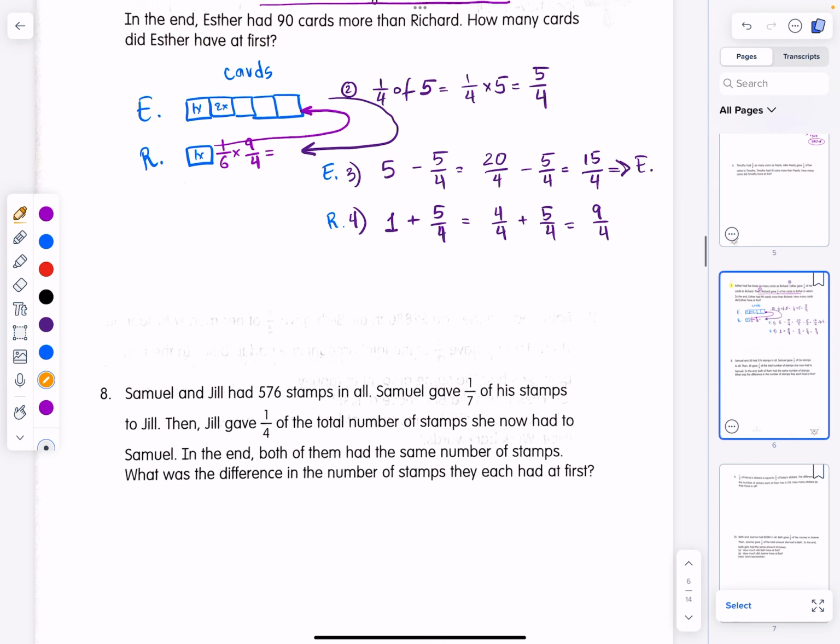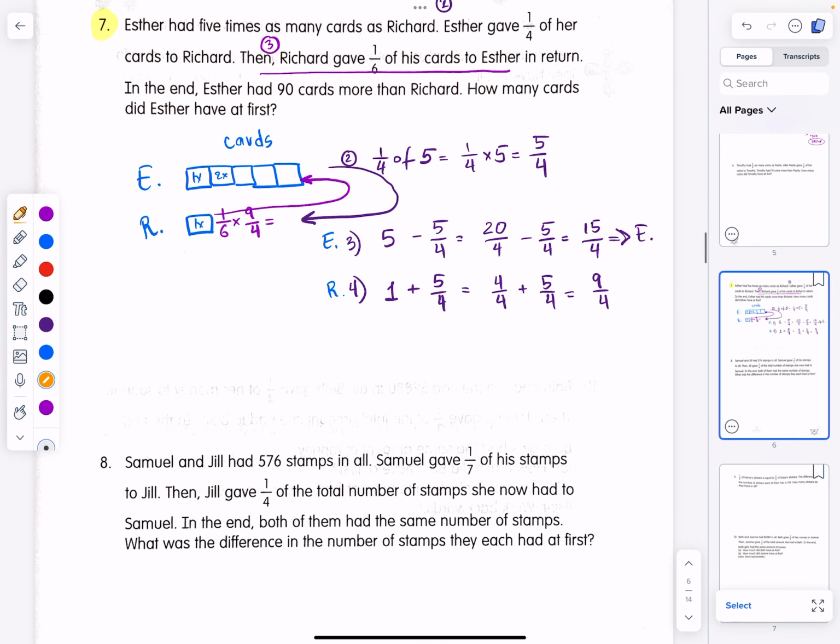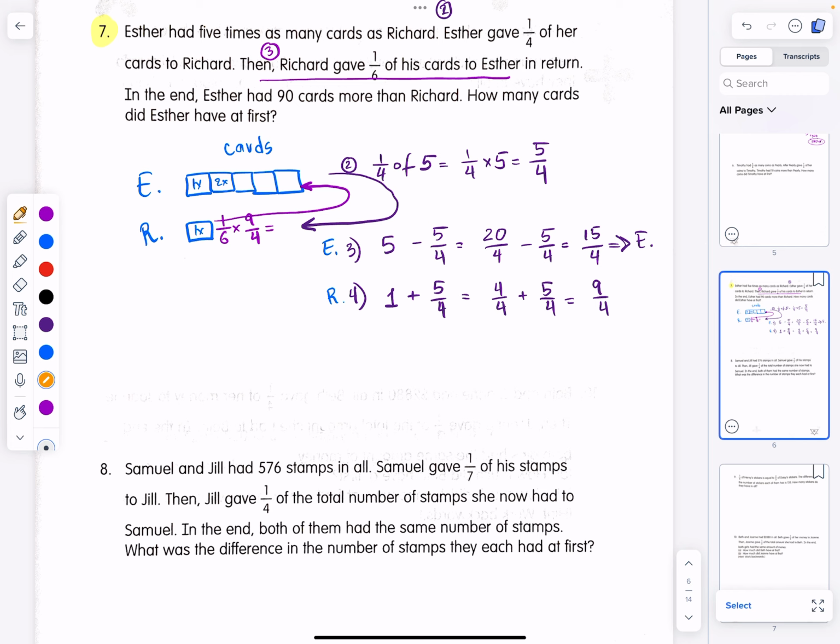Sorry, apologies. This is divided by 3 is 3, divided by 3 is 2. Therefore, he gave away 3/8. Okay? So let's compute the next thing.